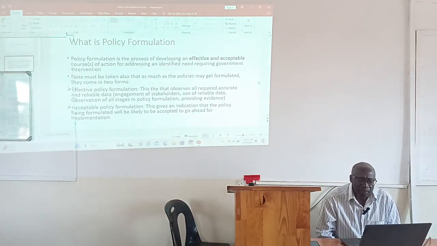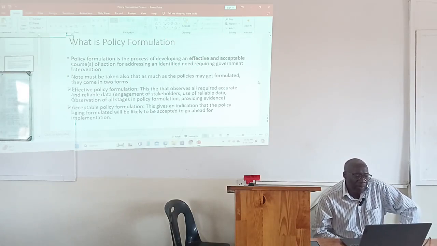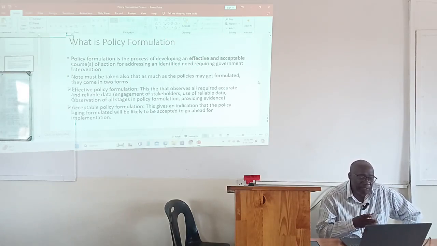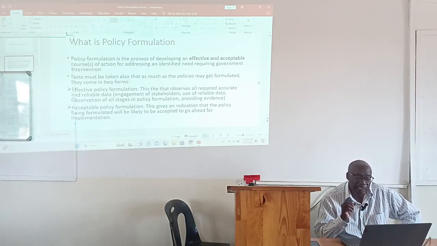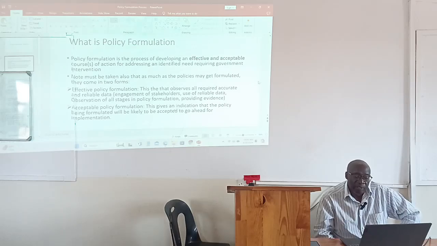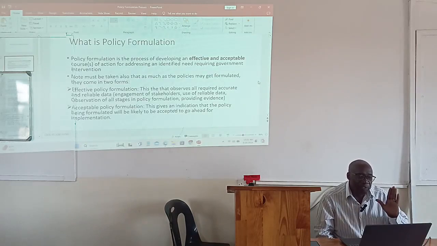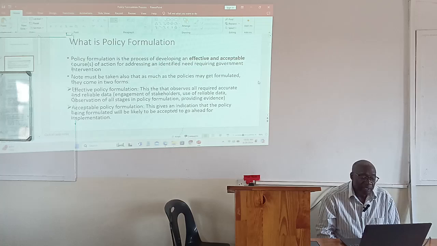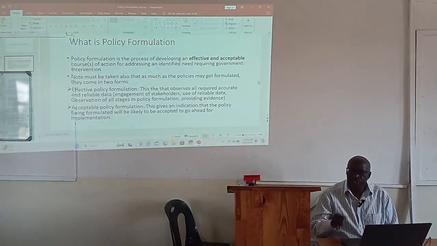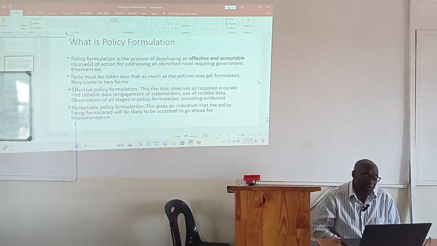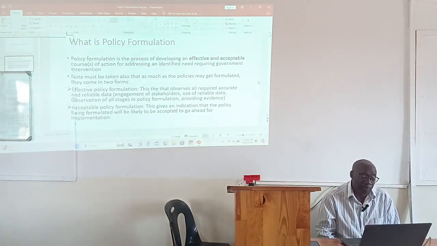Now, here, when we talk about effective policy formulation, we are looking at how we are able to be accurate enough on what we want to do and how we want to achieve that. And also secondly, whether the information that we are using for that policy formulation actually can give us evidence. That's very, very important.